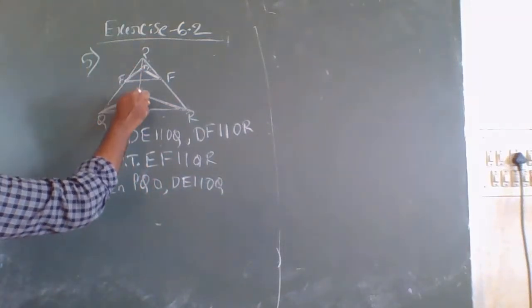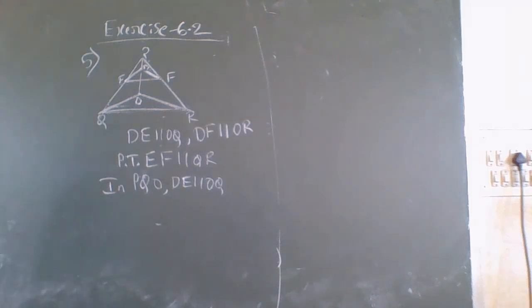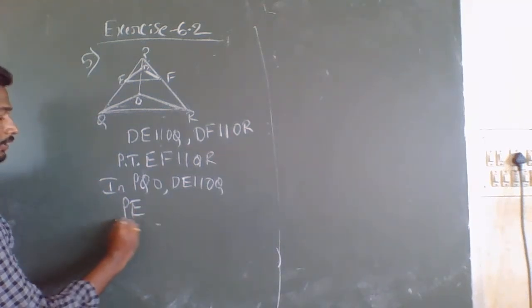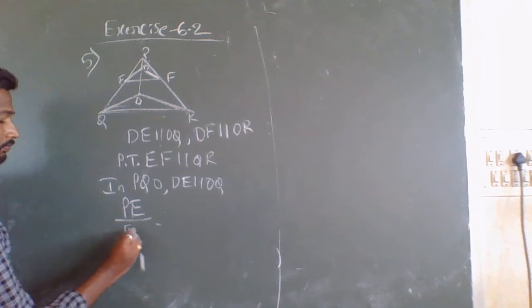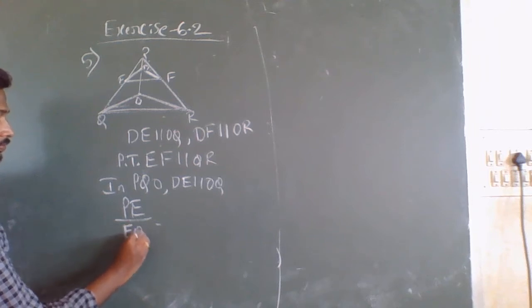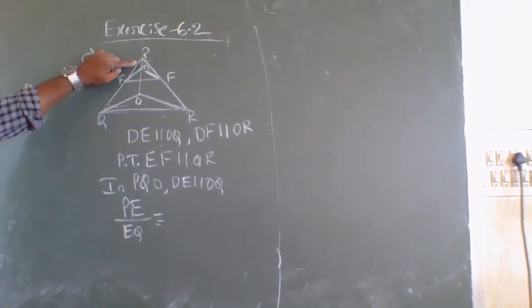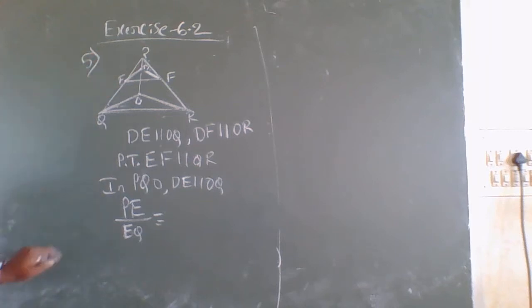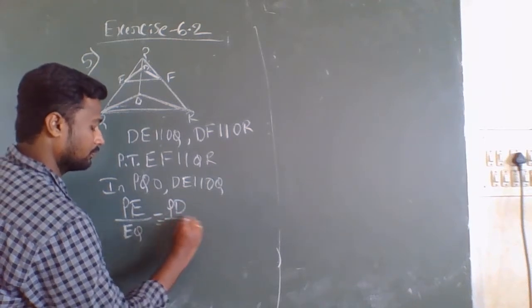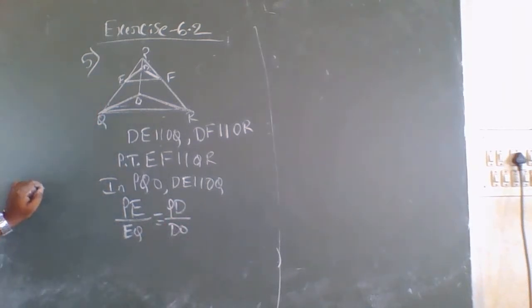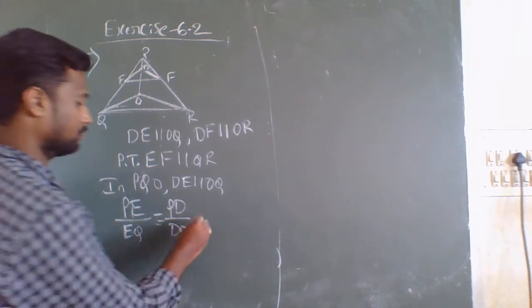Now we can write by using the proportionality theorem, means the 6.1 theorem, PE by EQ is equal to PD by DO. This I will consider as 1.